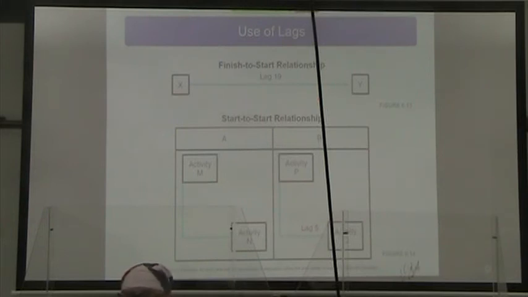Ordinarily, we think of activities as we have to finish X activity before we can start Y activity. Sometimes, though, we're going to be able to start activity M and start activity N, which theoretically should come after it, but we're cheating a little bit.